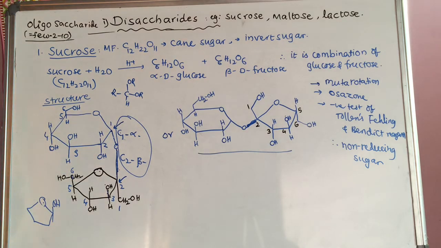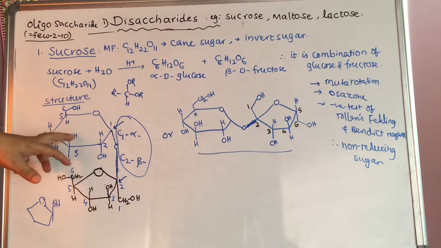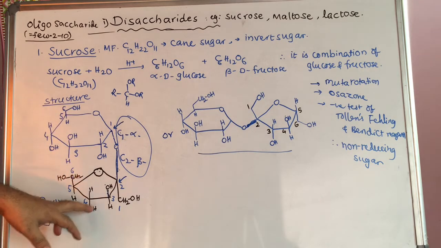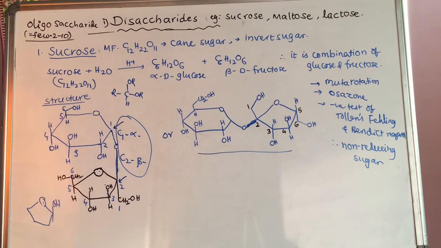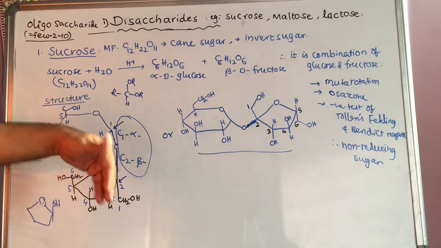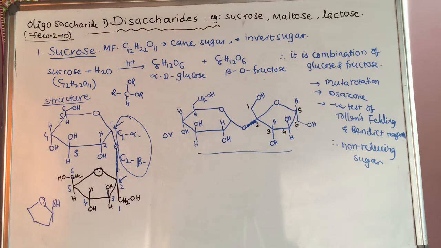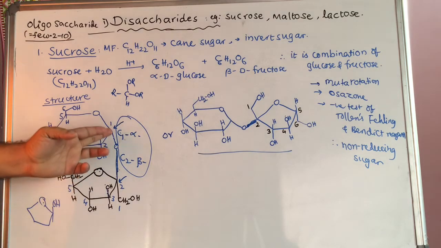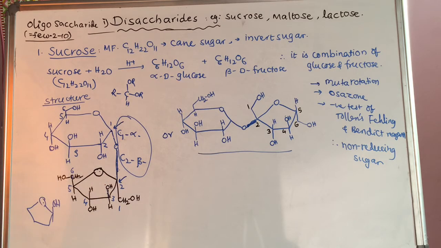And the next one: how many hydroxy groups does it have? 1, 2, 3, 4 here, and here also 1, 2, 3, 4. On methylation, it gives octa-O-methyl derivative. That also confirms that the remaining OH groups are in the glycosidic linkage.